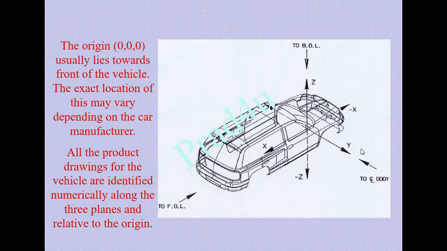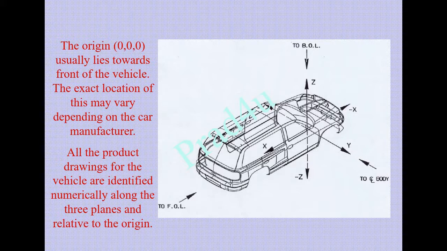This FOL shows the length of the vehicle, this BOL shows the height of the vehicle, and this COL shows the width of the vehicle. Where these three axes meet at a single point, that point is considered the car's origin.